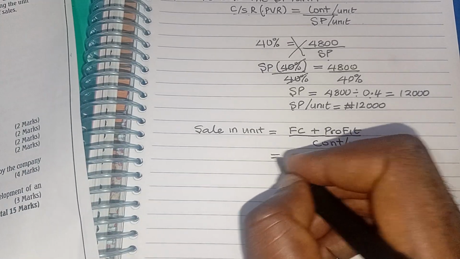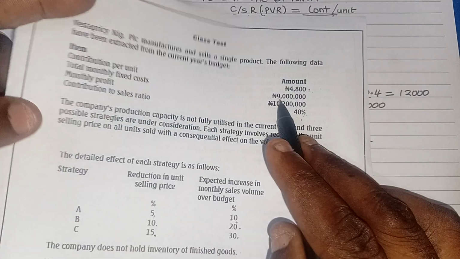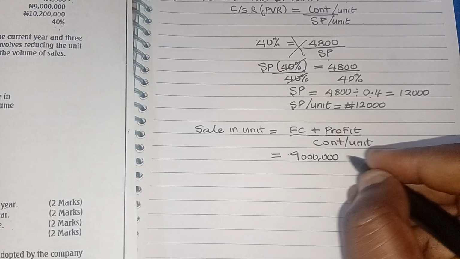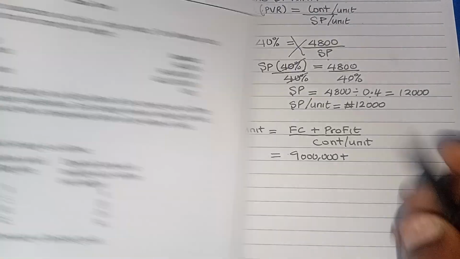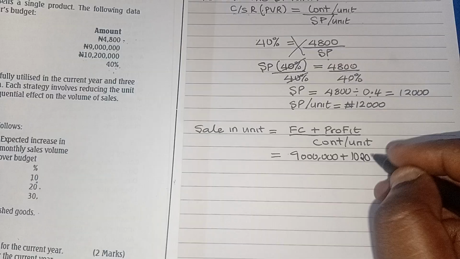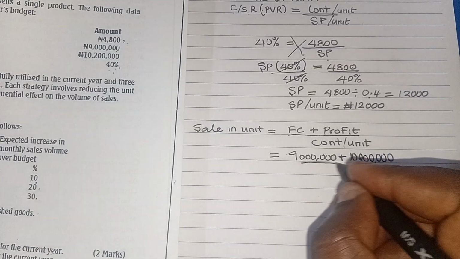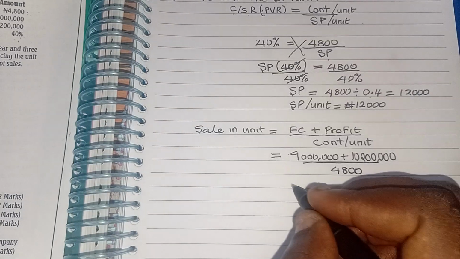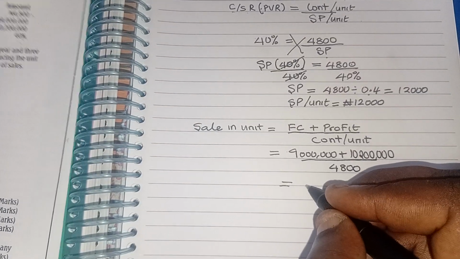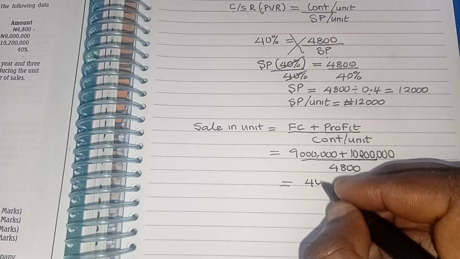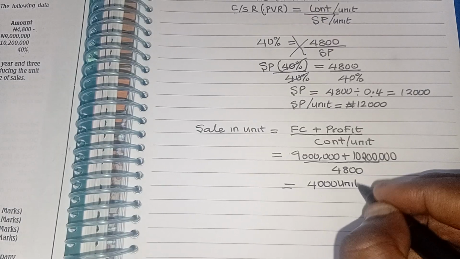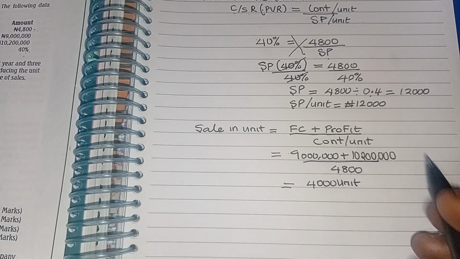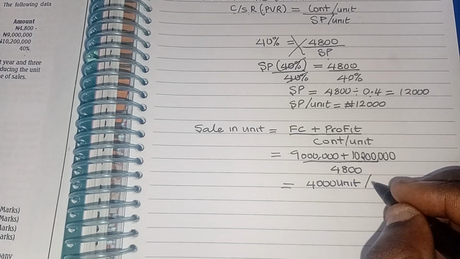And you have been given the fixed cost to be 9 million, plus the profit. Profit is 10 million 200. Divided by contribution per unit, which is given. When you add this together, after adding, you divide by 4,800. It will give you 4,000 units per month.